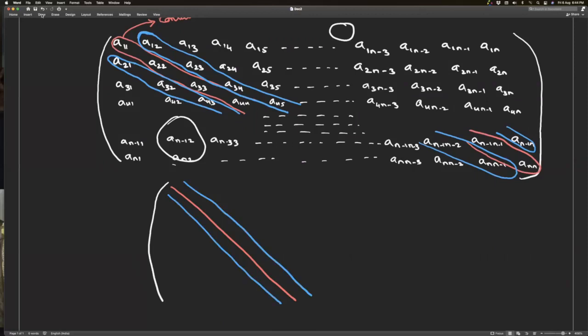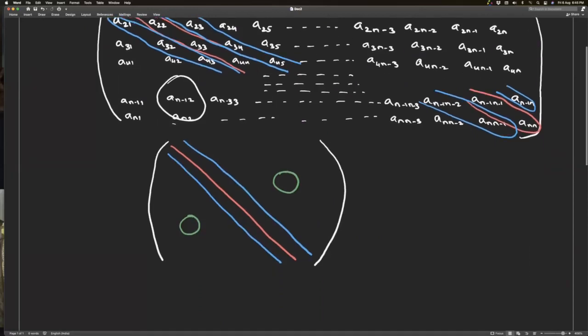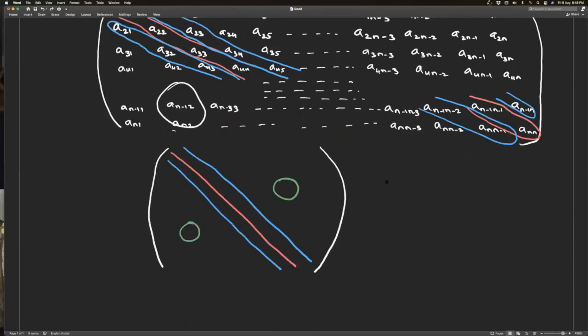And the rest of the elements are zeros. Such matrices are called tridiagonal matrices. More precisely, let us use the notation alpha for the lower diagonal entry, beta for the diagonal entry, and gamma for the upper diagonal entry. Then we will have beta 1, gamma 1, and the rest all 0.